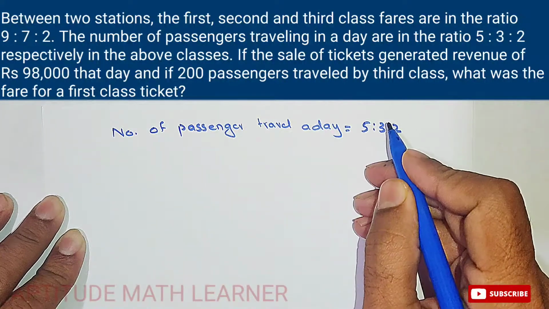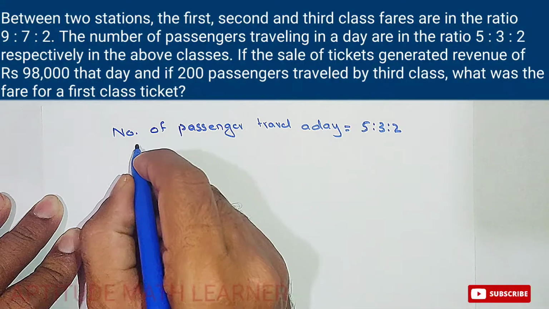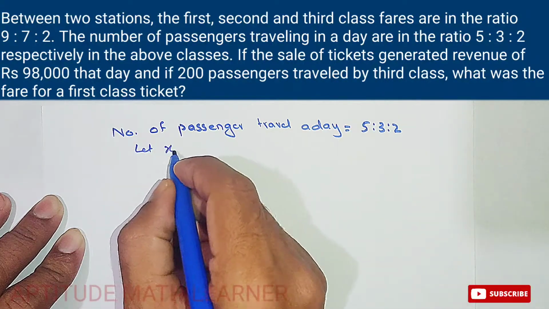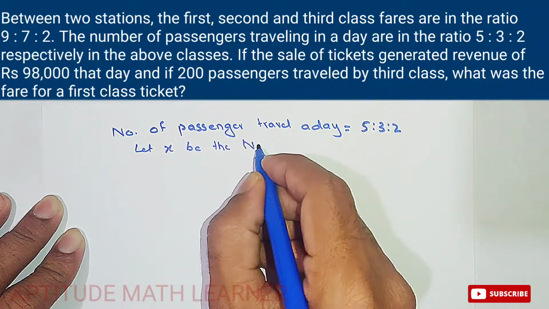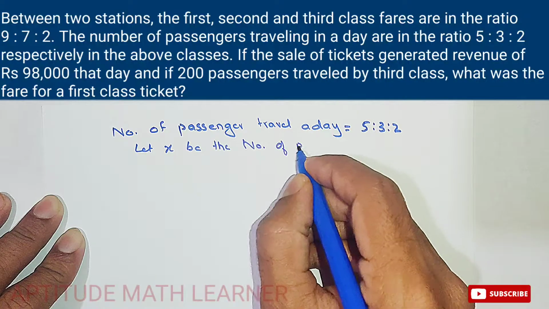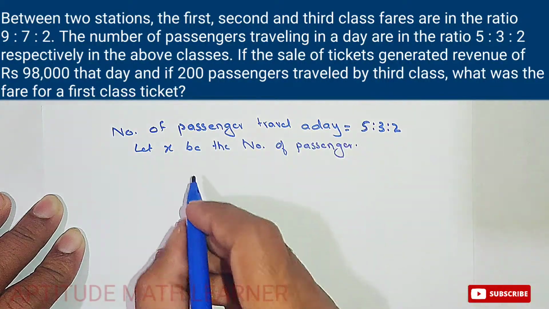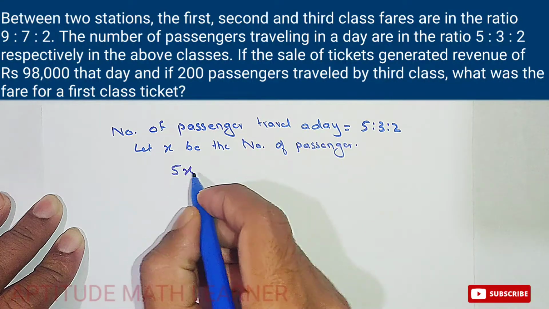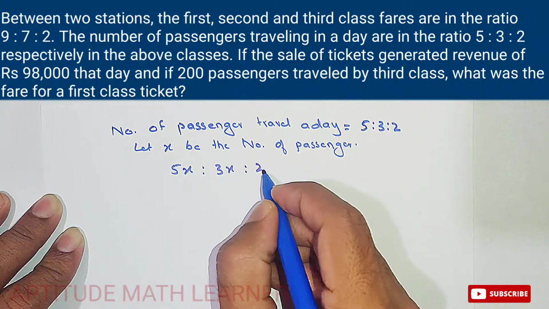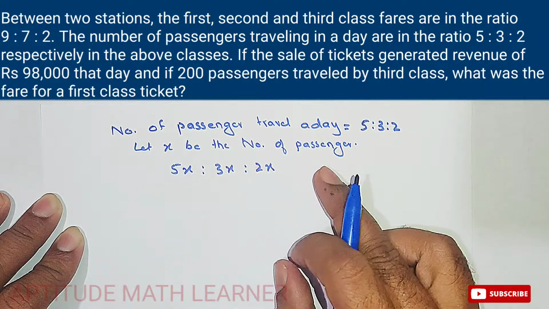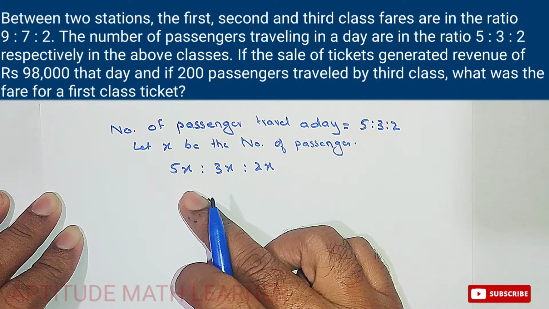So let x be the number of passengers, and we take the ratio as 5x, 3x, 2x.